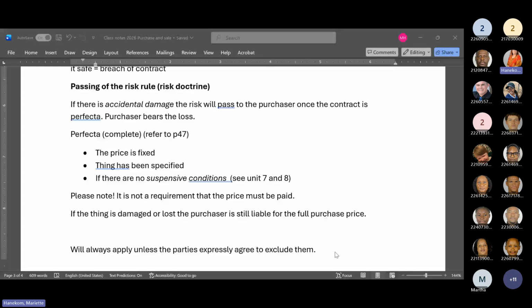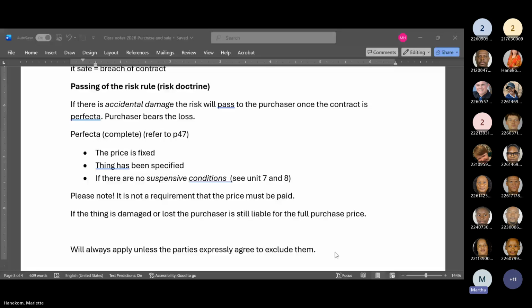And when it becomes perfecta, the risk passes to Stacy. If it is damaged accidentally after it became perfecta, then she is still liable to pay the full purchase price. Is that what you were wondering about?